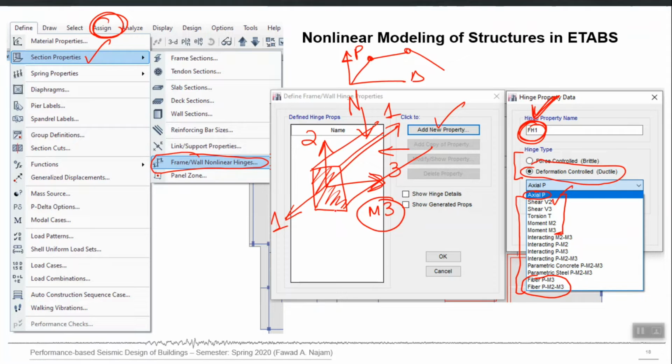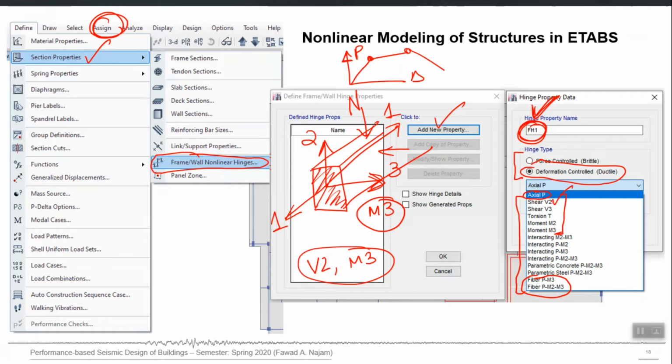Similarly for beams, V2 is the primary shear force. V3 is not that primary, and we are no more interested in that particular direction for beams. So V2 and M3 are the primary actions for beams, and for columns all of V2, V3, M2 and M3 can be important.